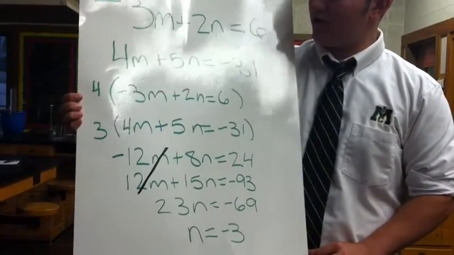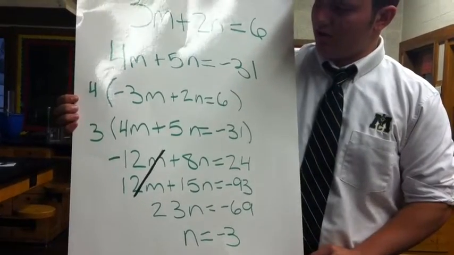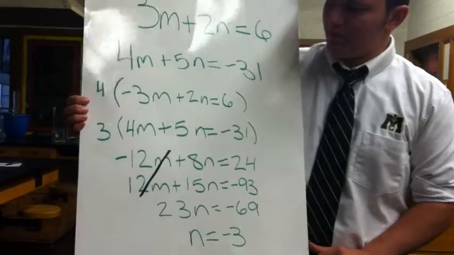We also made a poster to show how to get the answer. In this one, it's -3m plus 2n equals 6, and then the second equation is 4m plus 5n equals -31.